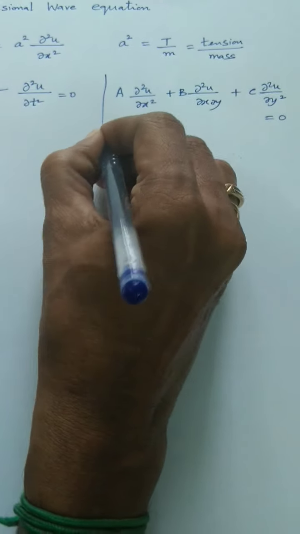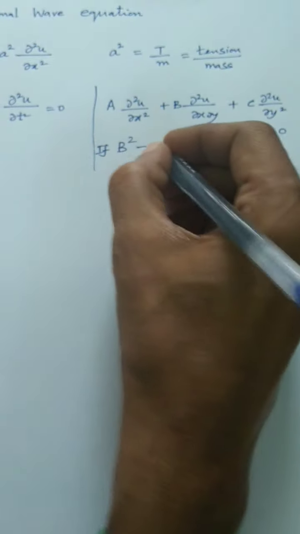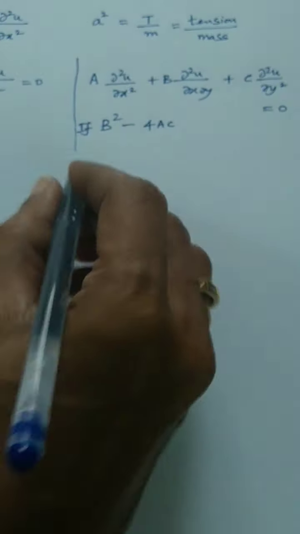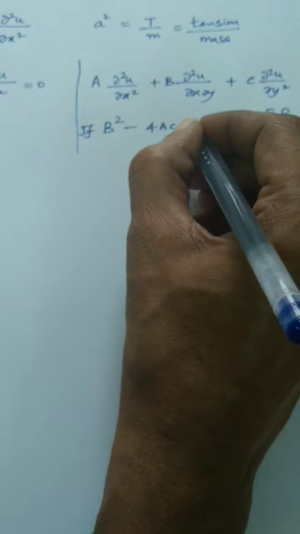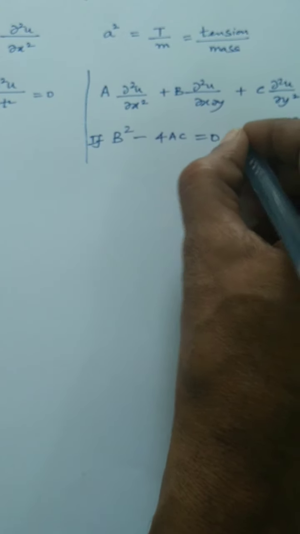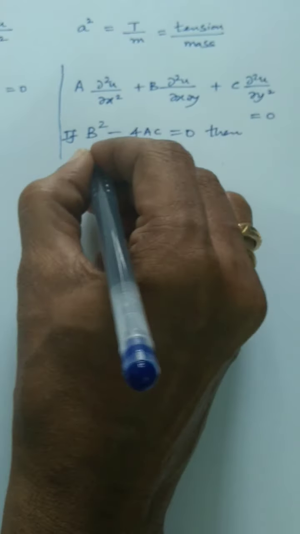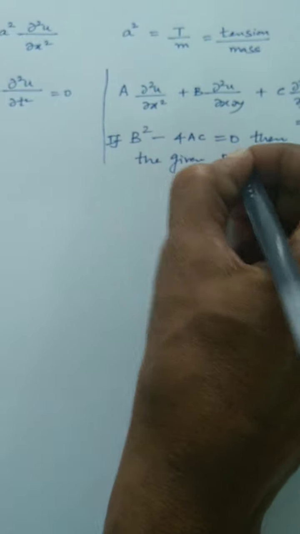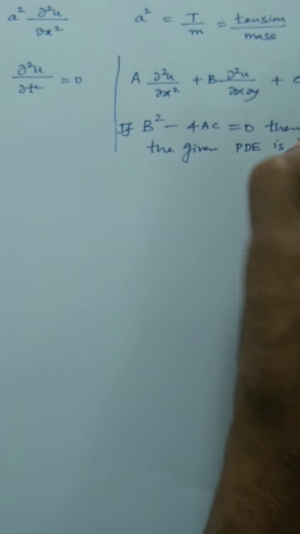If the discriminant B² − 4AC equals 0, then the given PDE is parabolic.